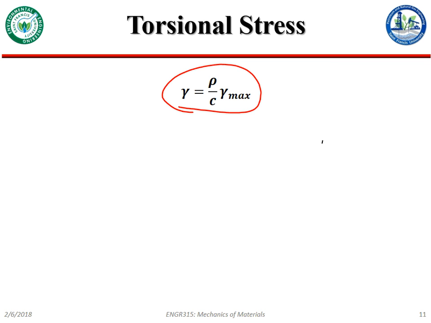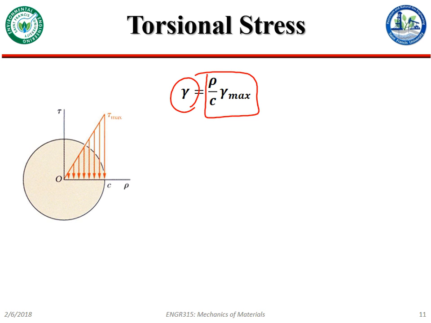Based on this, I can say, well, if the shear strain at any point inside of a cylinder is a linear proportion of the maximum shear strain in that body, I can then finally get to the stress distribution that we were talking about to begin with.